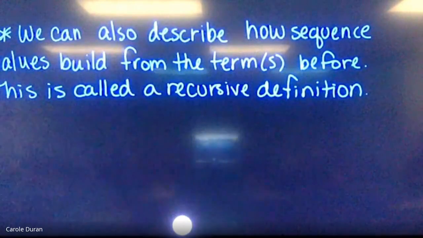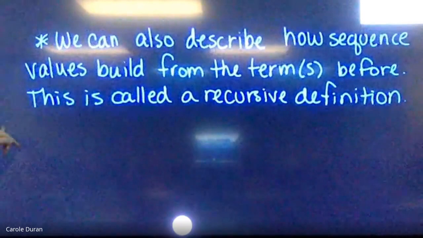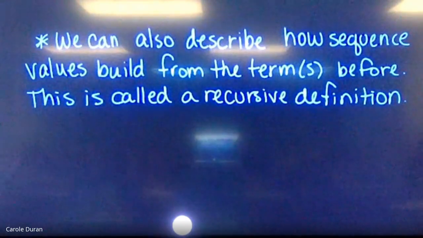So when we were finding the first four terms on these examples, we were doing it from an explicit definition.